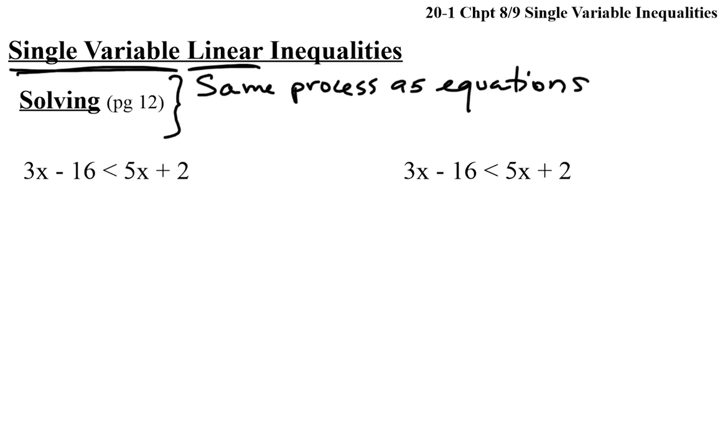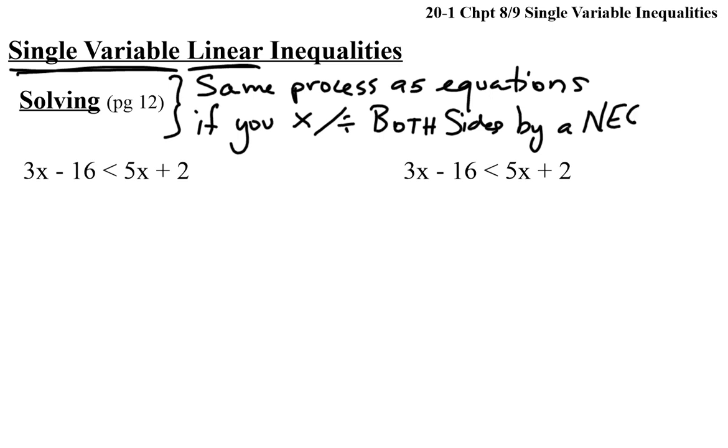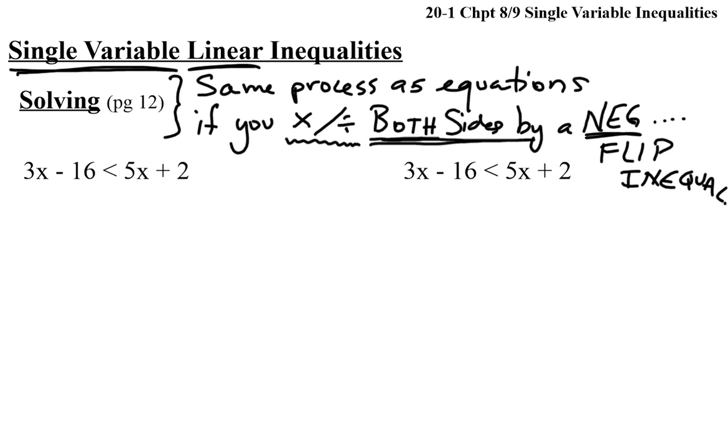Solving doesn't change except if you multiply or divide both sides of the equation by a negative value, you flip the inequality. So that's the big difference in solving. We're going to do all the same steps, but if, and this will almost always happen as a last step, if you multiply or divide both sides by a negative, the inequality has to flip.